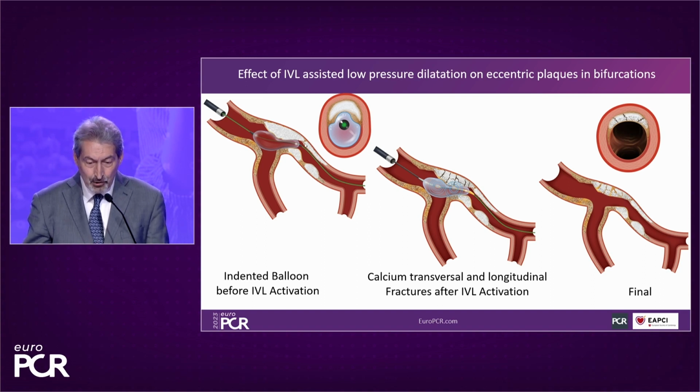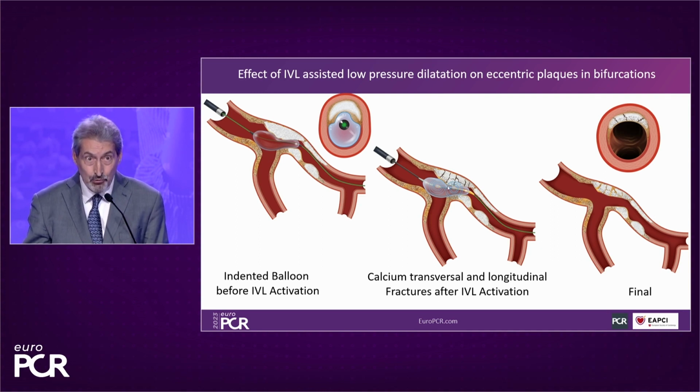The balloon will be grossly unexpanded on one side and will direct most of its energy towards the side branch, in this case the left circumflex, creating, of course, plaque shift and carina shift, reducing the ostium of the left circumflex.